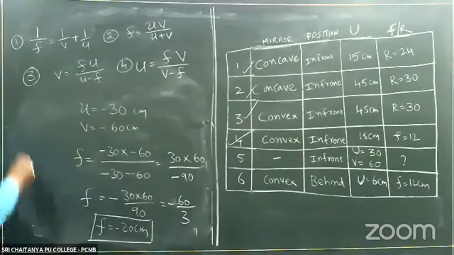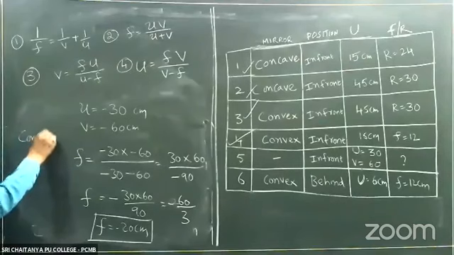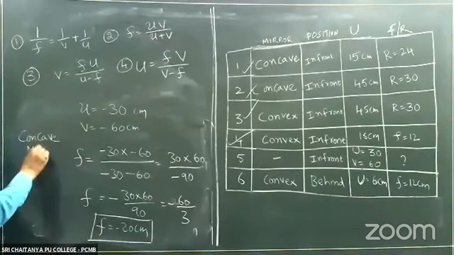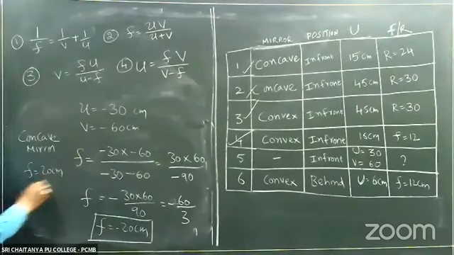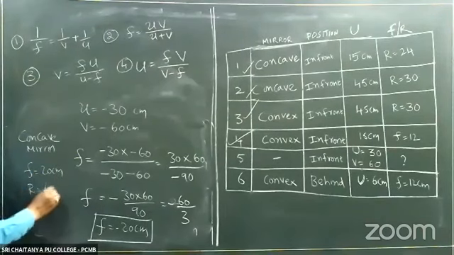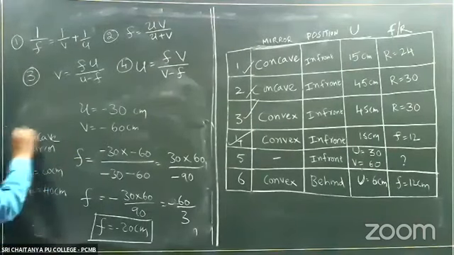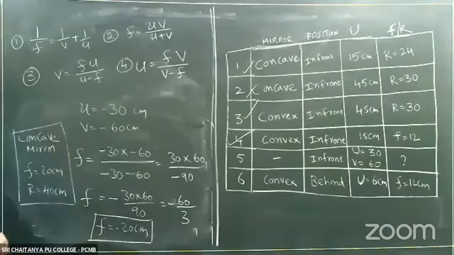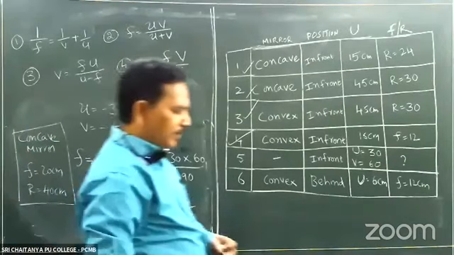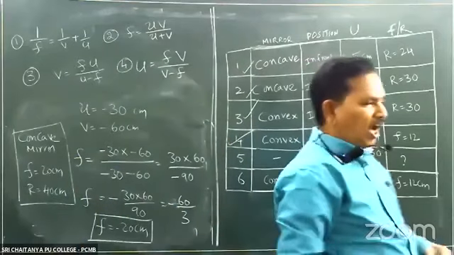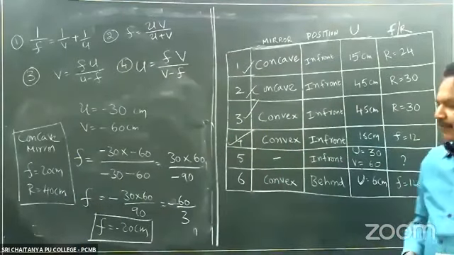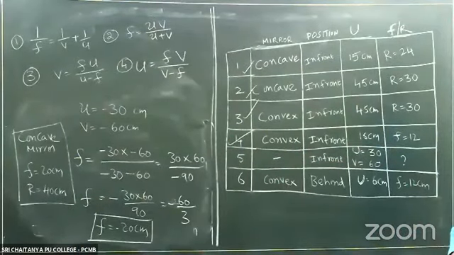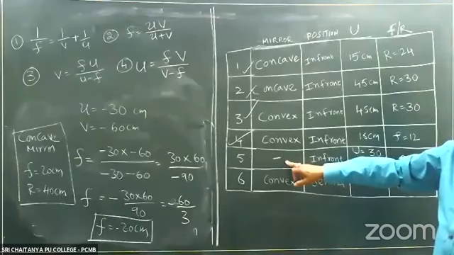So the mirror is a concave mirror of focal length 20 centimeters, radius of curvature 40 centimeters. R is equal to 2F, that is equal to 40 centimeters. Nature of the mirror: concave.